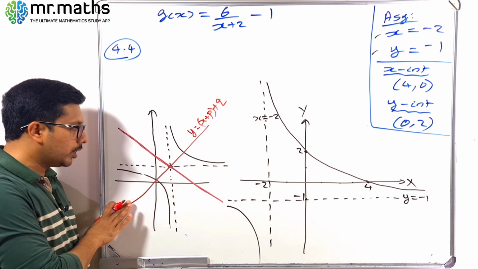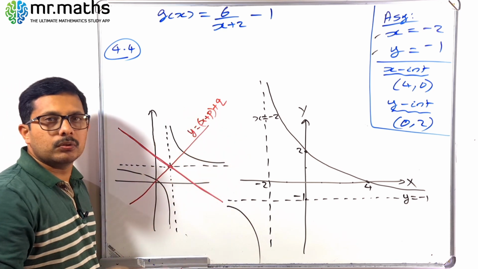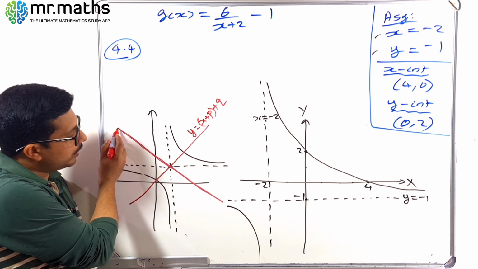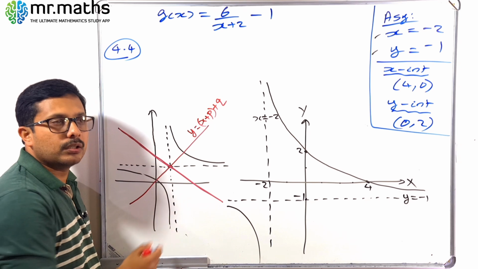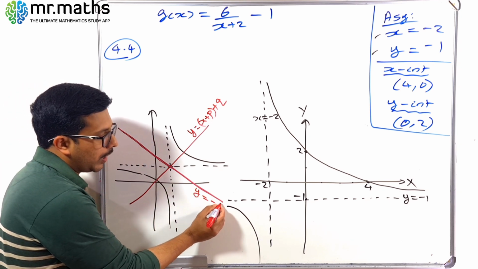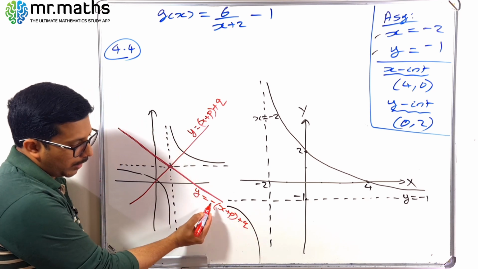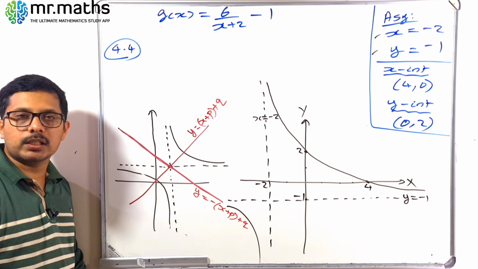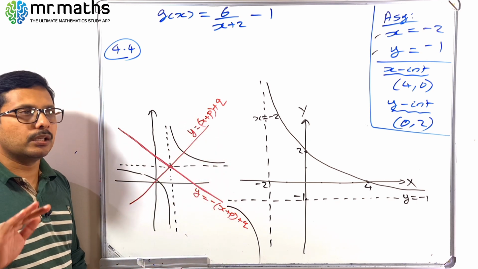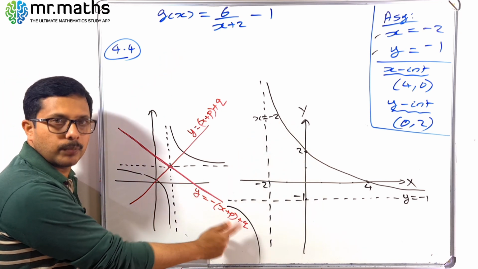And the formula to find the line of symmetry having negative gradient is y equals minus of x plus p plus q. So if you remember these two formulas, positive gradient is x plus p plus q, negative gradient is minus of x plus p plus q.